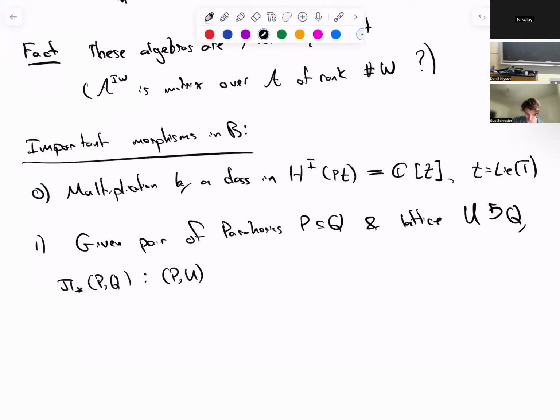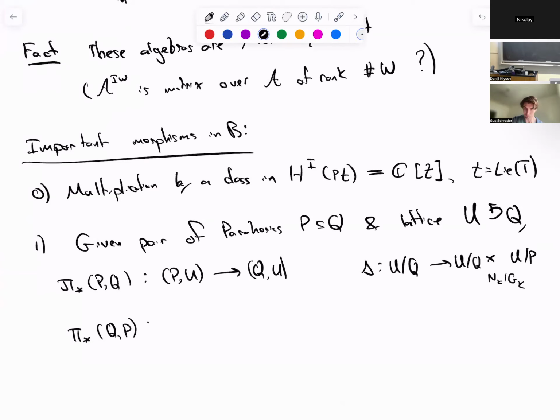So this will be a morphism from PU to QU, given by pushing forward along this diagonal. So this defines a cohomology class, or a homology class. And then to pull back, we'll be pulling back along a section of this. Call it the opposite back.